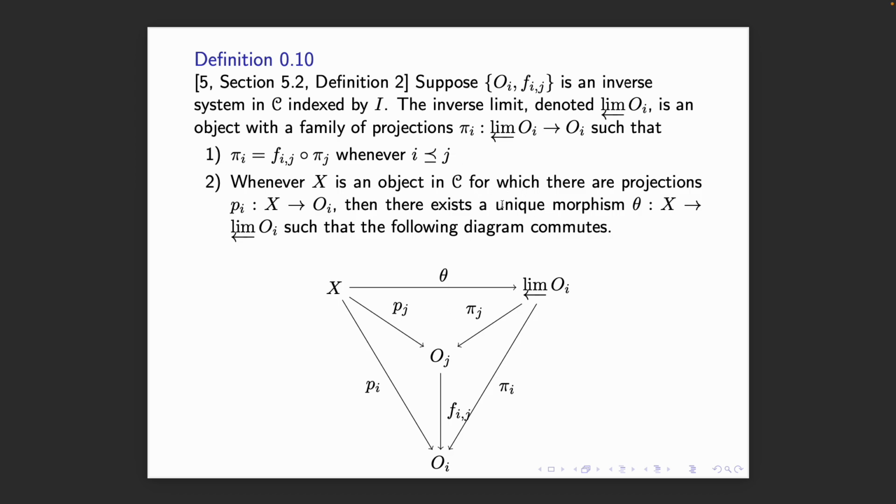And in particular, let's say you project from the inverse limit into the jth object, and then you take the Fij path to the ith object. You must reach the same destination that you would have had you originally started here and just projected into the ith object.